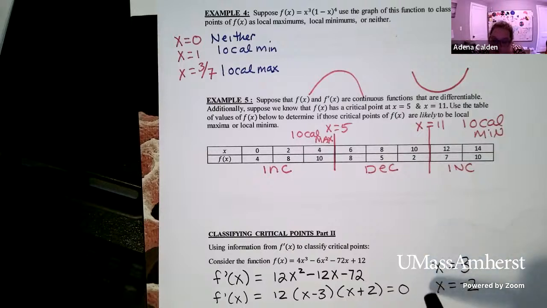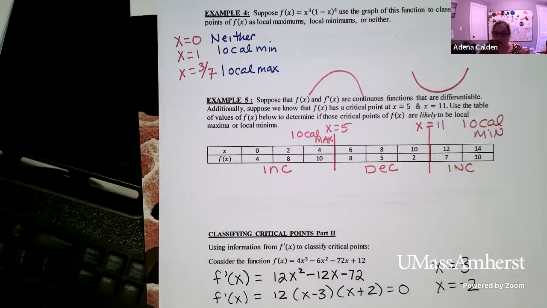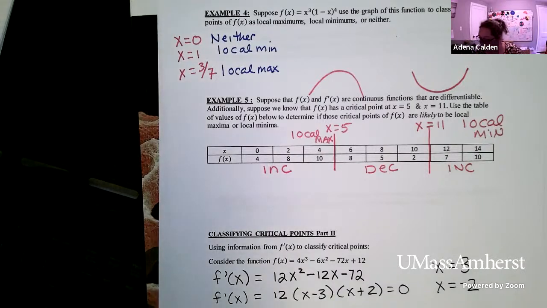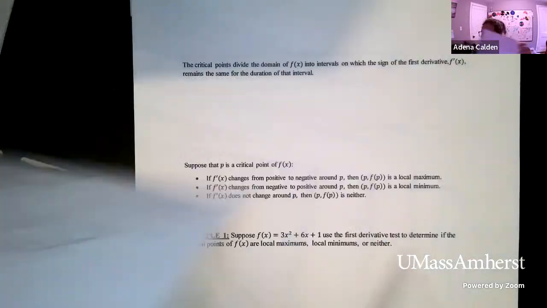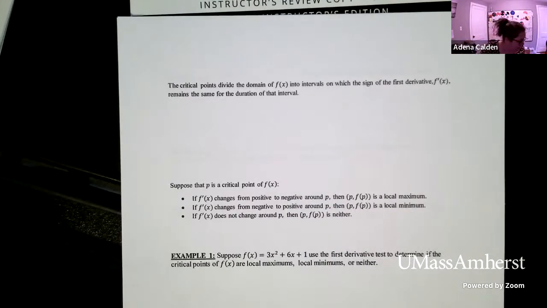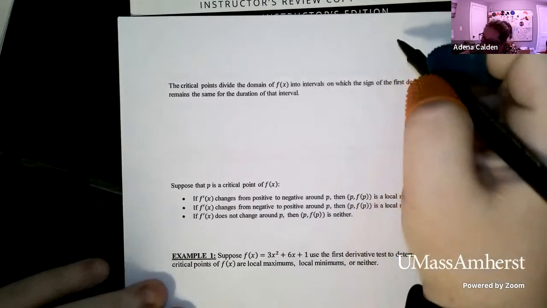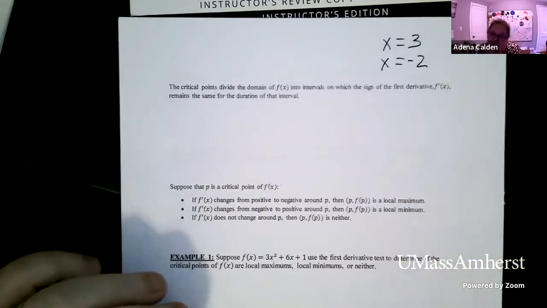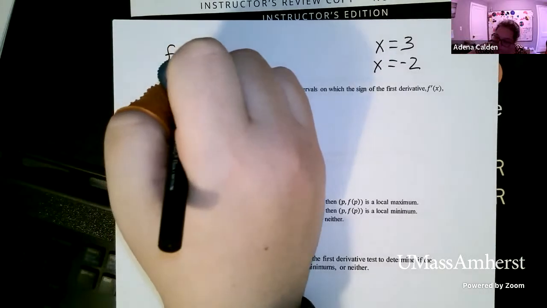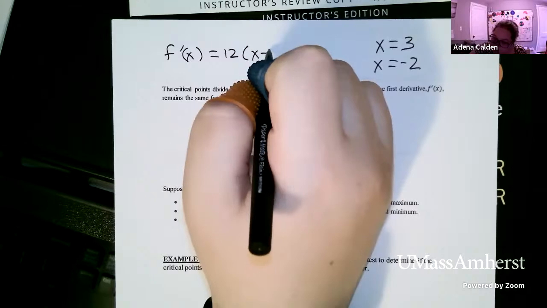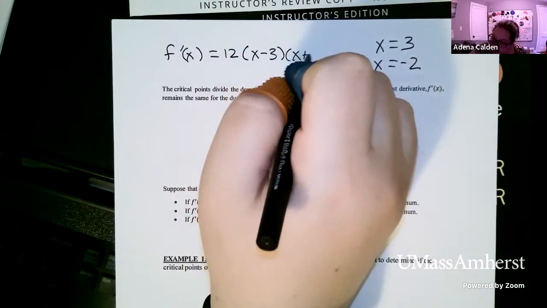We are going to take our critical points, okay, and we're going to use those to create intervals on a first derivative number line. Let's go to the next page and talk about what that might look like. So again, our critical points, we had x equals 3, x equals -2, and our factored derivative was 12 times x minus 3 times x plus 2.